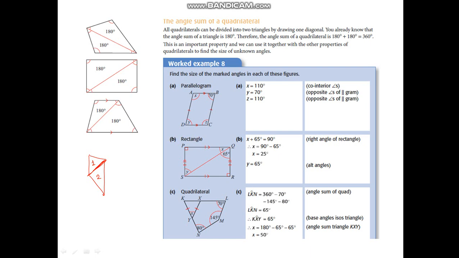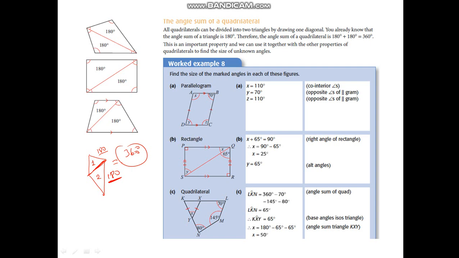And that's why, what was the sum of interior angles of a triangle? It was 180, and 180, totally 360 degrees. So the interior angle sum of a quadrilateral is 360 degrees. You already know that the angle sum of a triangle is 180, and the angle sum of a quadrilateral is 180 plus 180 equals 360 degrees.